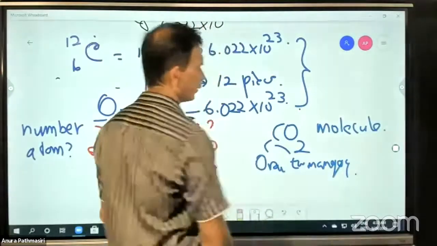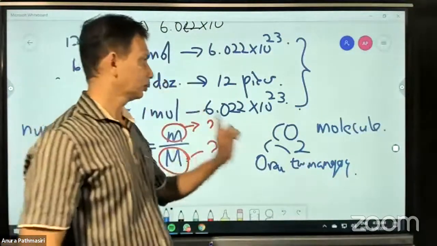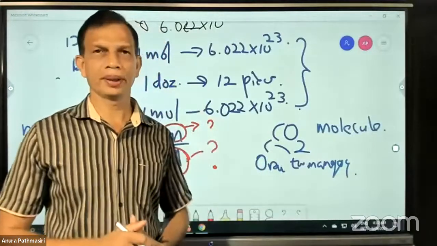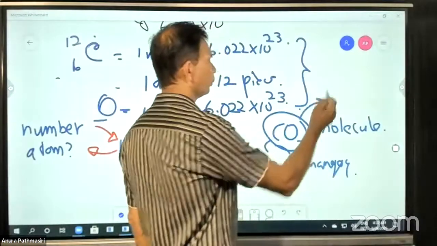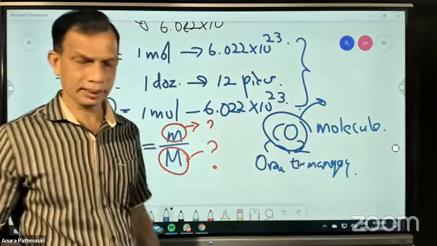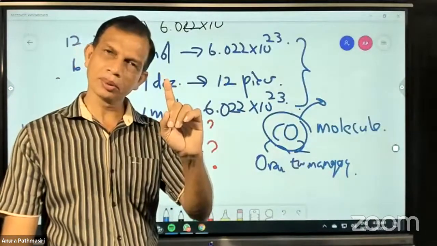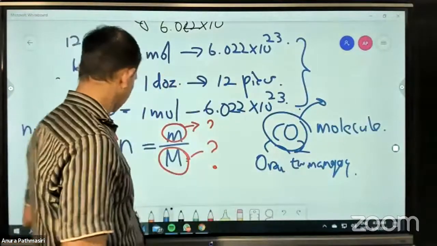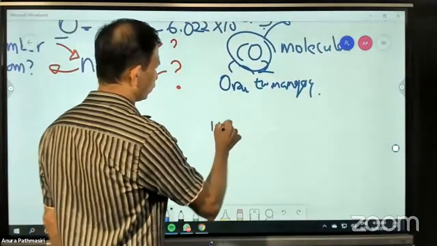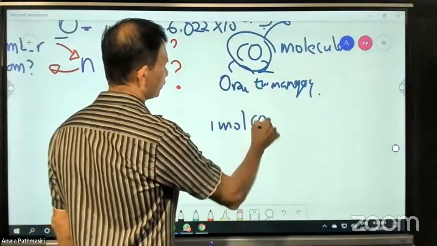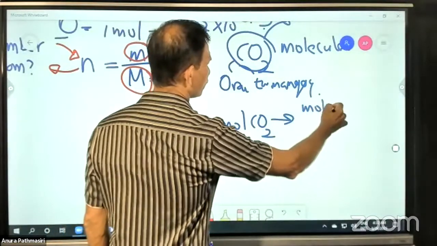If you have 1 mole of carbon dioxide, how many molecules of carbon dioxide can be there? If you have 1 mole of carbon dioxide, how many molecules are there?